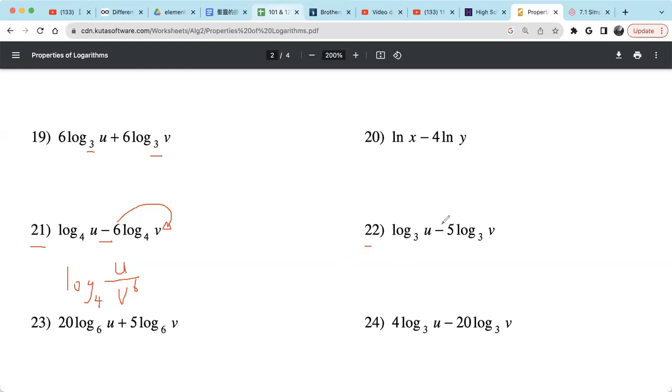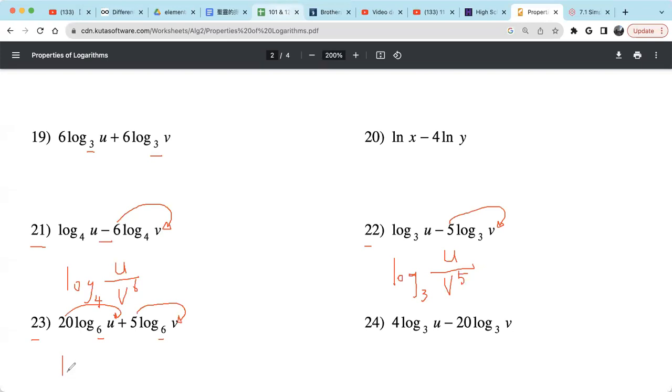22. So this 5 goes to be the exponent of v. So we write as 1 single log. We still have base 3, right? Those 2 logs still have the same base 3. U is in the numerator, and v to the 5th power in the denominator. Let's see 23. 2 is the exponent of u. 5 is the exponent of v. They're all under base 6.